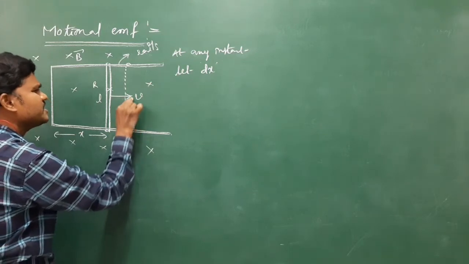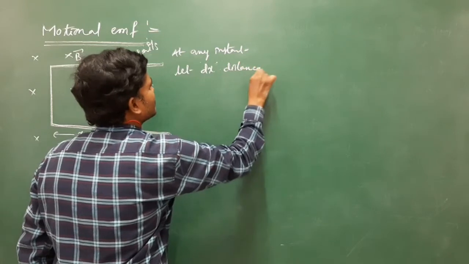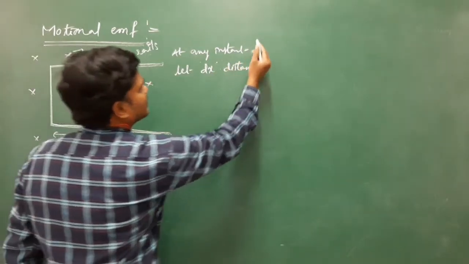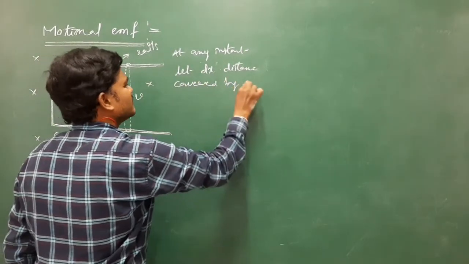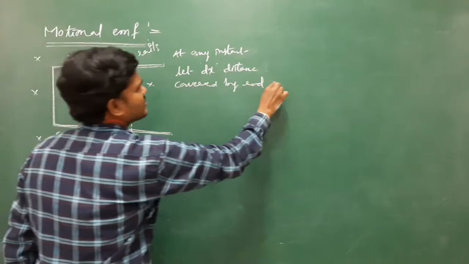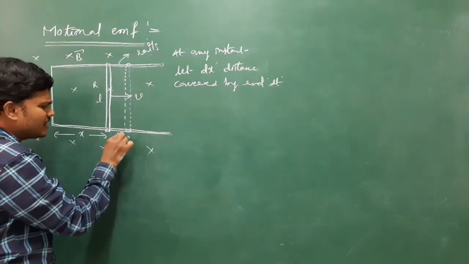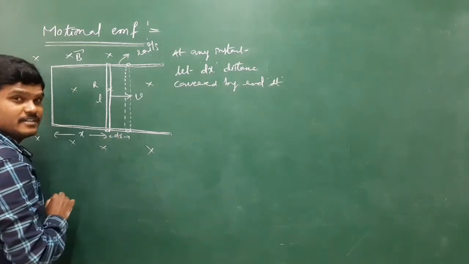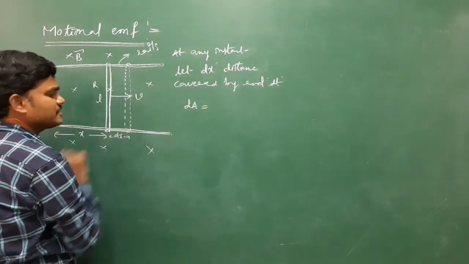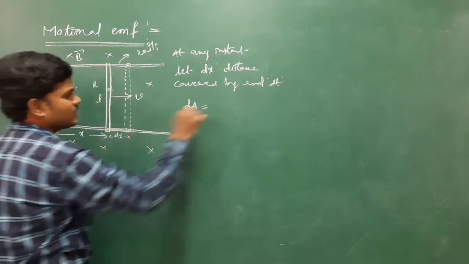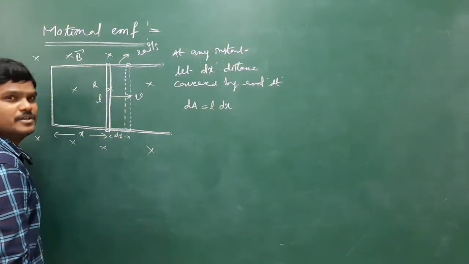So dx is the distance covered by the rod in a small time interval dt. Therefore, we can write the small area dA as length into dx. So L into dx. We can write dA as L dx.